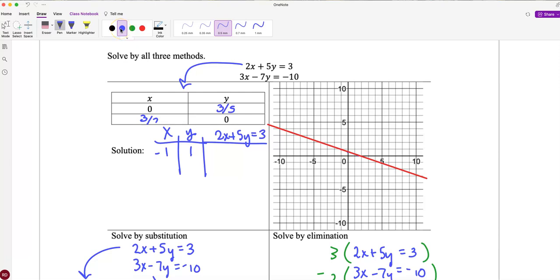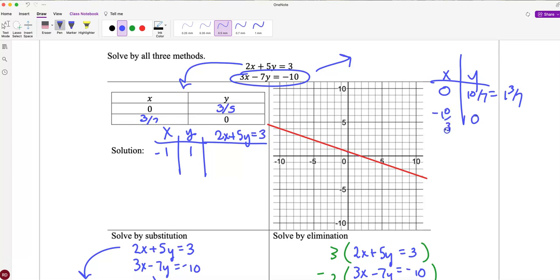Now, if I look at the next line, this guy right here, 3x minus 7y equals negative 10. If x is 0, then y is 10 over 7, which is 1 3/7, so almost 1.5. If y is 0, x is negative 10/3, negative 3 1/3.